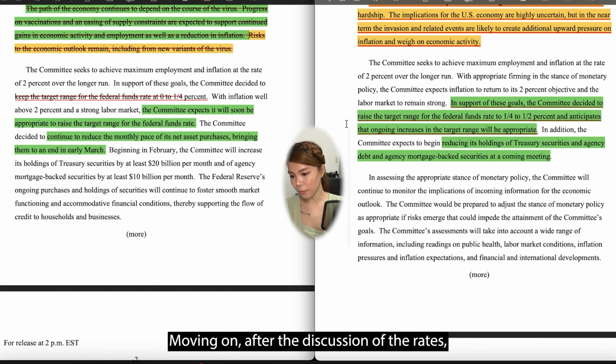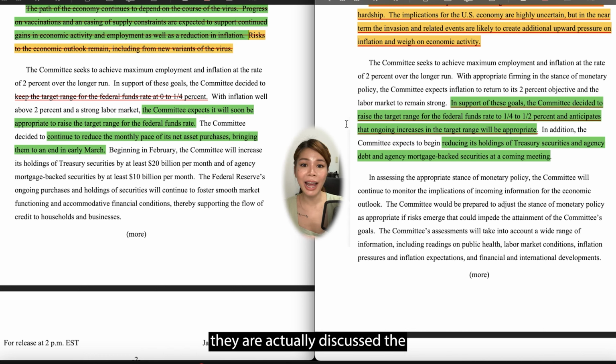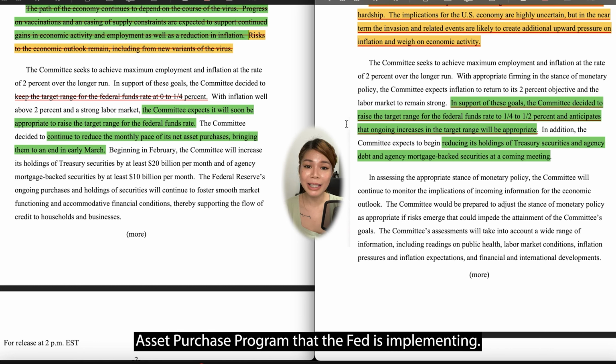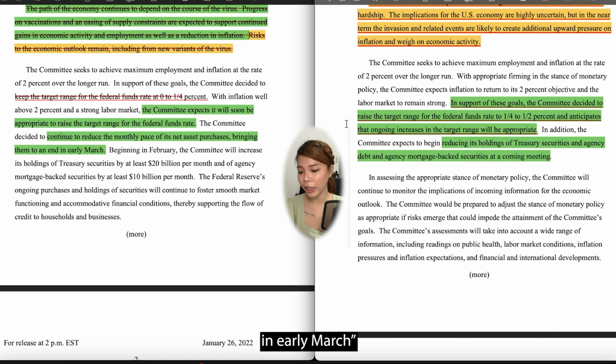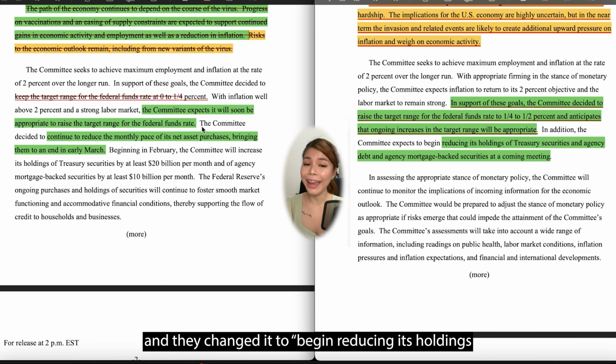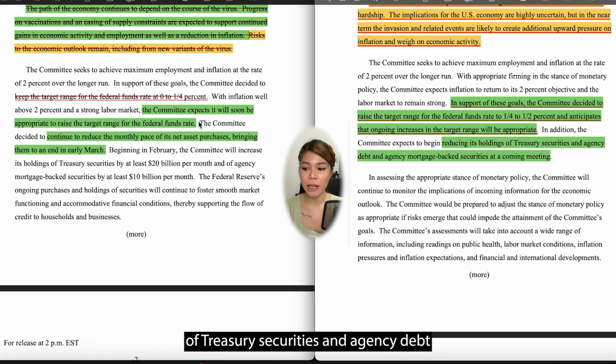Okay. Now, moving on, after the discussion of the rates, they actually discuss the asset purchase program that the Fed is implementing. So, on January, what they did is they are bringing an end in early March. What they actually did is they removed the word expect and they changed it to they begin reducing its holdings of Treasury securities and agency debt and agency-backed securities.